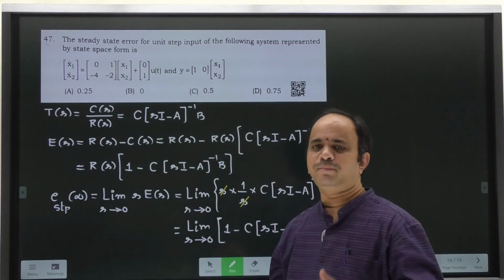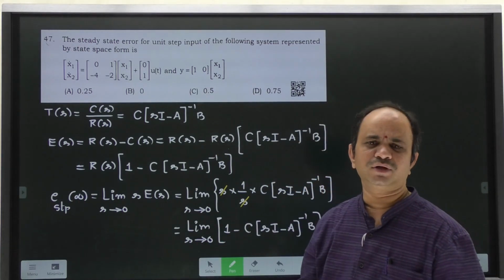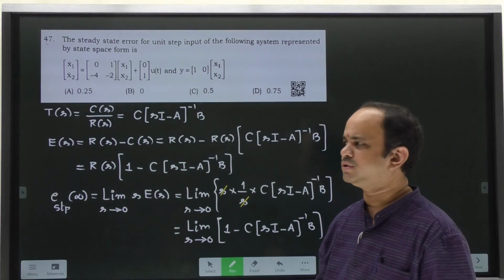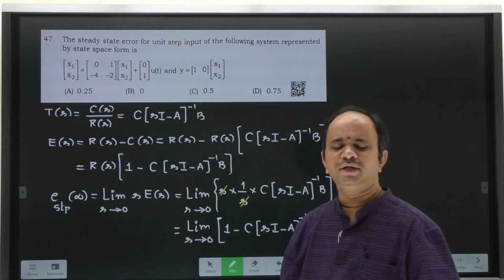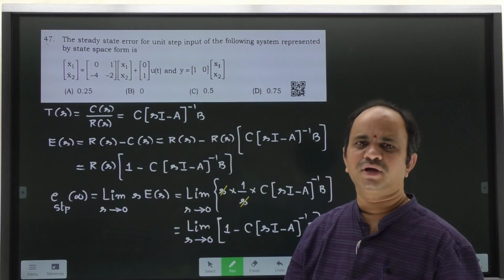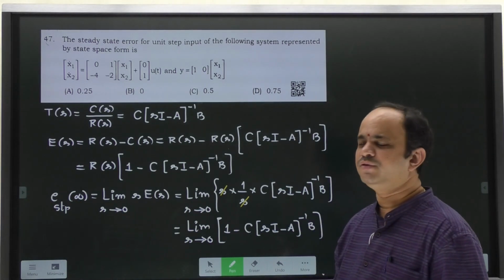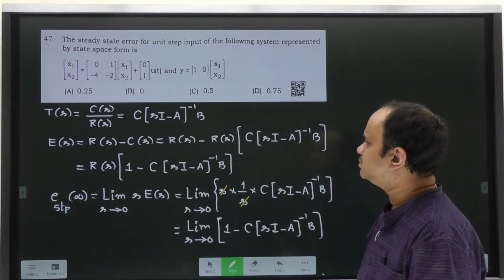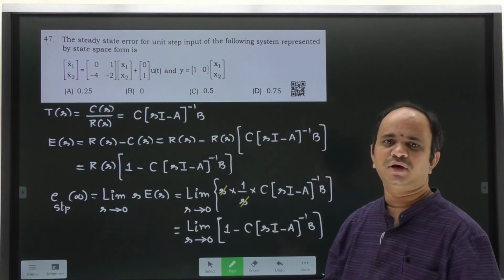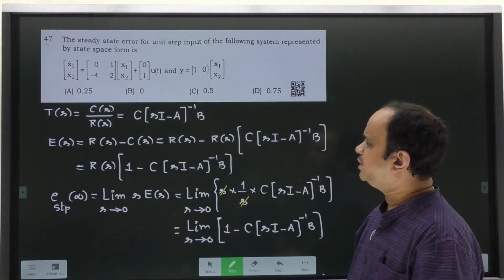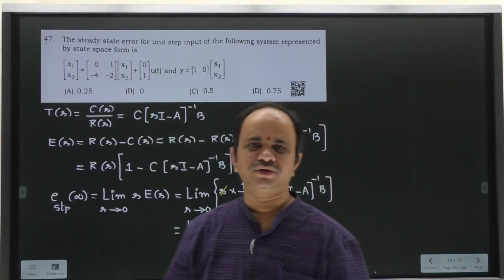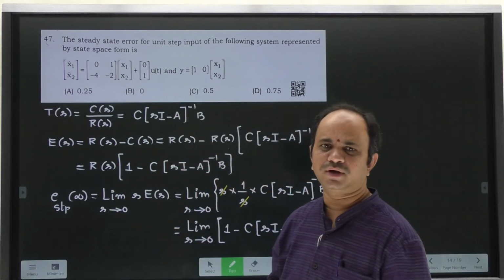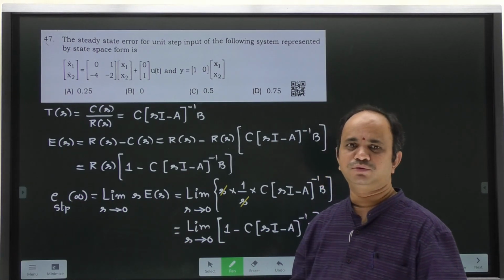But from the overall paper perspective and based on feedback from my colleague faculties, in each subject some questions are difficult and most of the questions are easy to moderate. Of course we need to check every subject. Between power electronics and control systems, power electronics is moderate to tough, control systems easy to moderate.